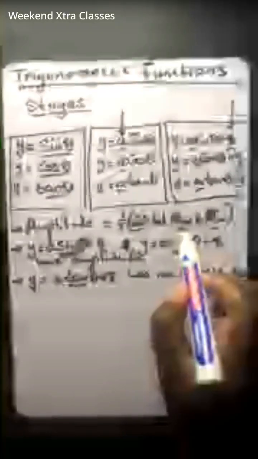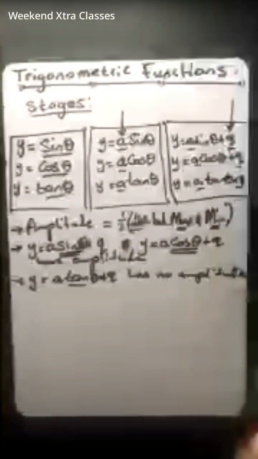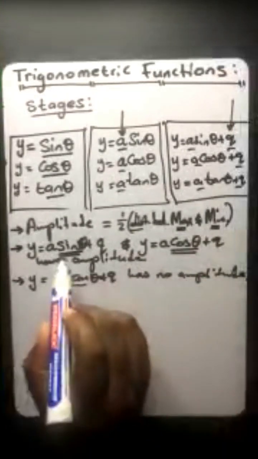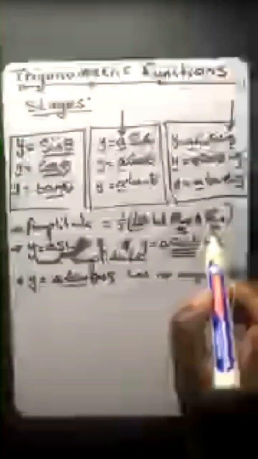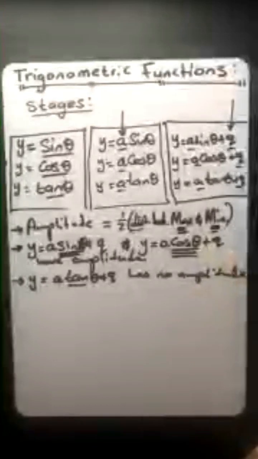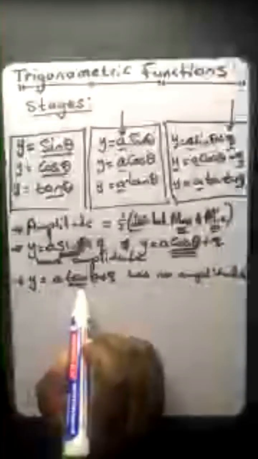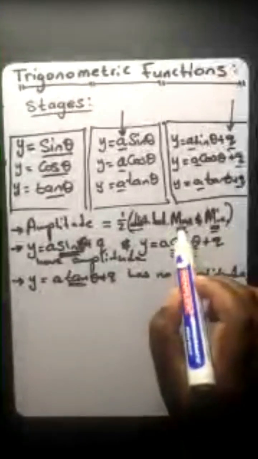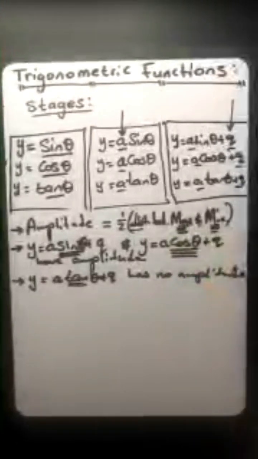You need the maximum value and the minimum value. The functions for sine and cos have maximum and minimum values. But if this one for tan has no amplitude, it means it doesn't have a minimum and a maximum value.